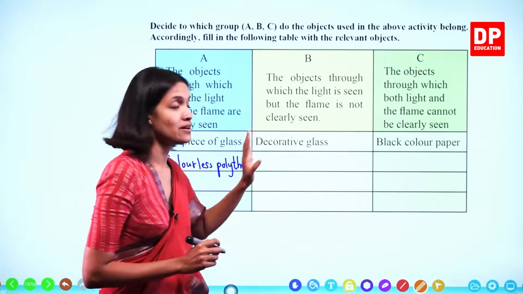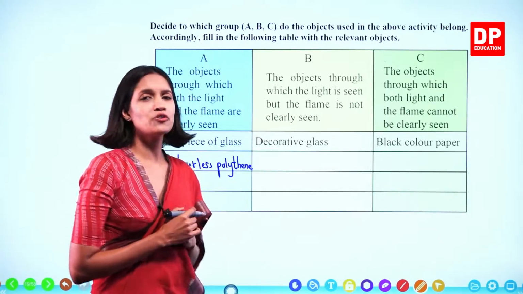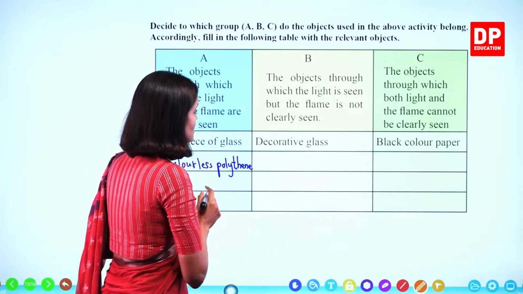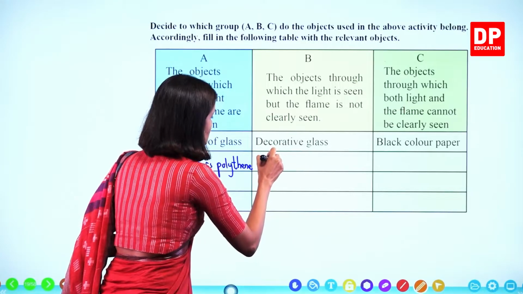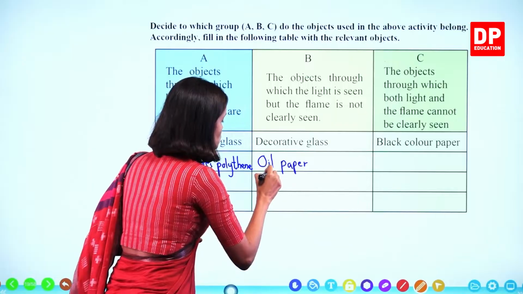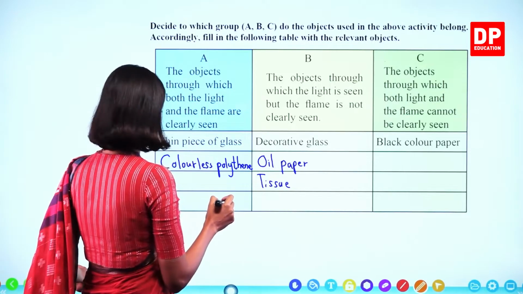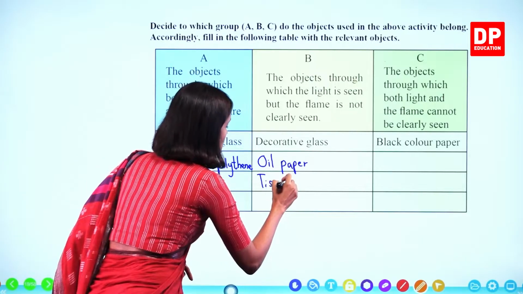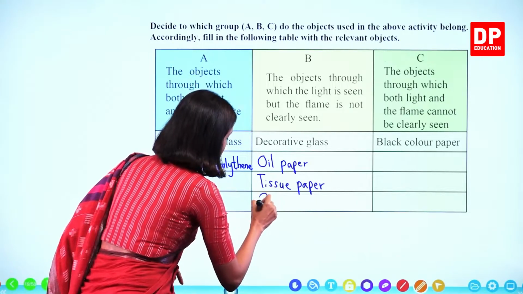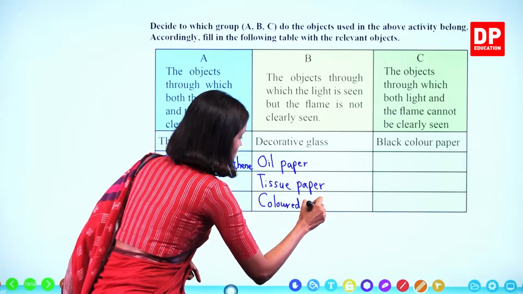Then B, the objects through which the light is seen but the flame is not clearly seen. Flame is not clear, but we can see the light very clearly. So what are those objects according to the experiment? We will write here given decorative glass, oil paper, tissue paper, colored polythene.